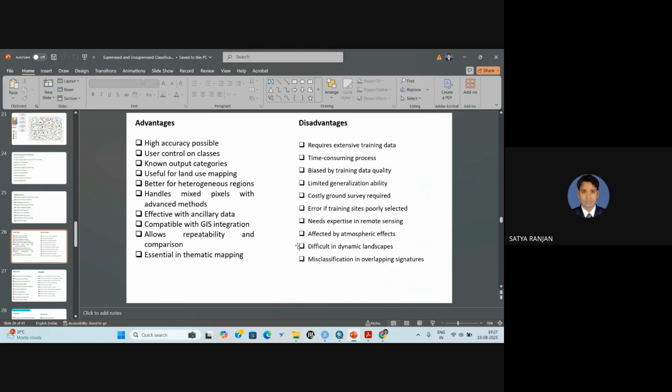And it is also sometimes affected by atmospheric effects. So some features look like other features, like agricultural lands, and it is difficult in dynamic landscapes, with misclassification in overlapping signatures.